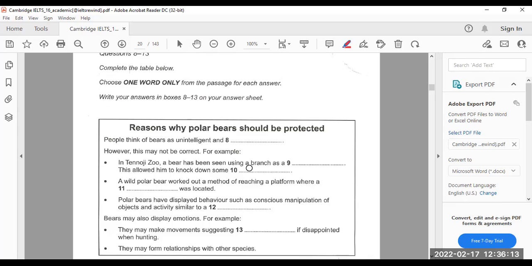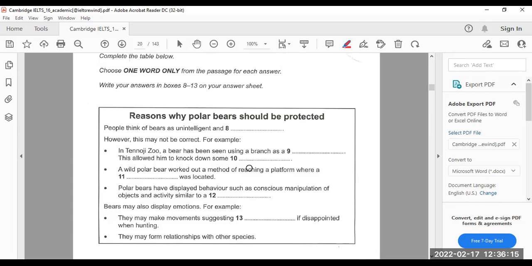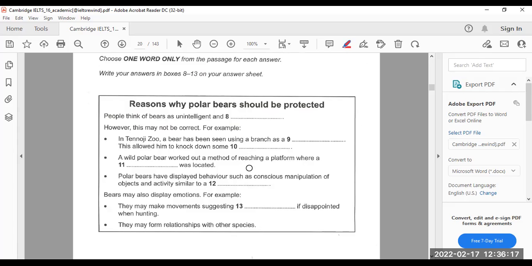Here we have complete the table below. Choose one word only from the passage for each answer. So write your answers in the boxes from 8 to 13 on your answer sheet. Reasons why polar bears should be protected is the heading here. So people think of bears as unintelligent and dash.